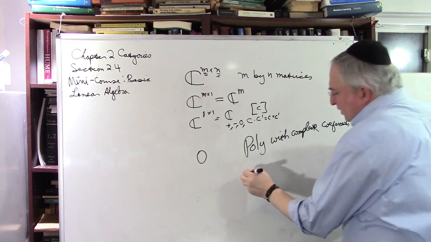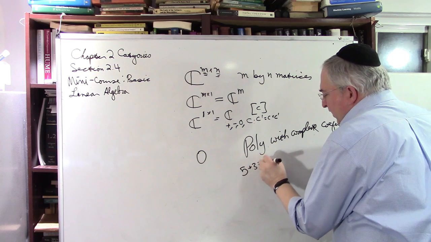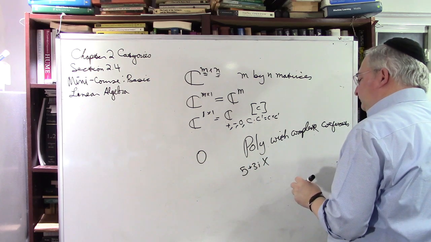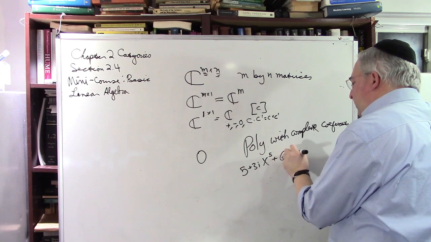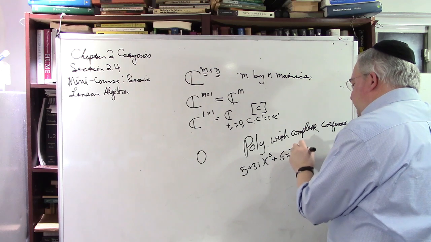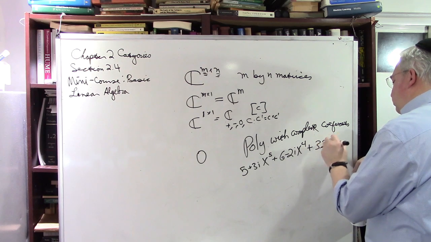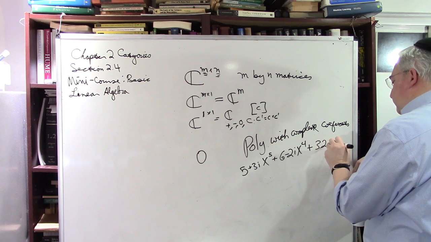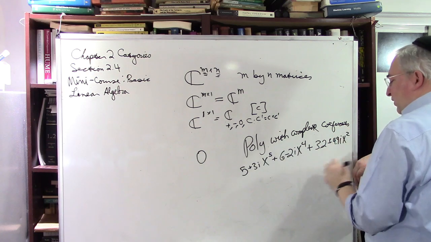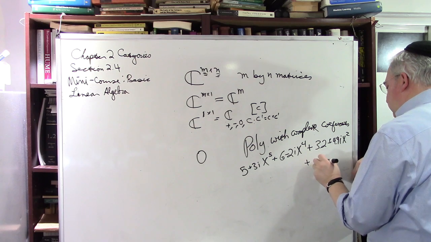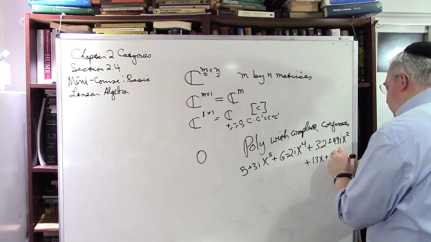So, how about this? 5 plus 3i x to the 5th plus 6 minus 2i x to the 4th plus 3.2 plus 4.9i x squared, okay, plus 13x plus 6i.